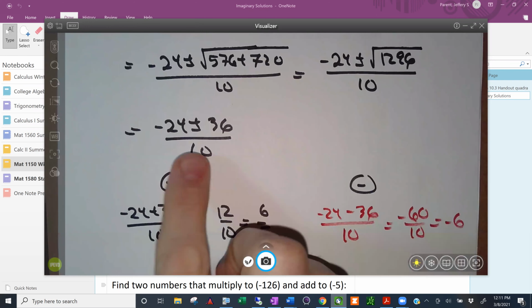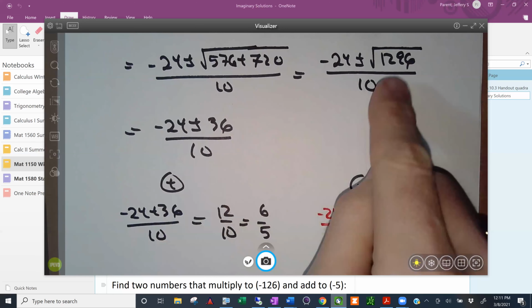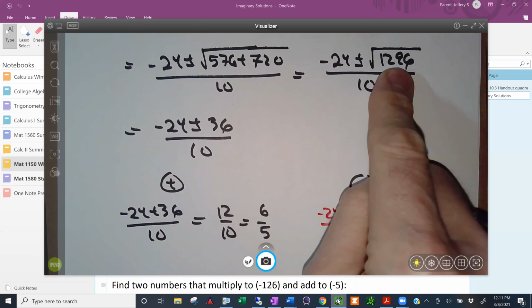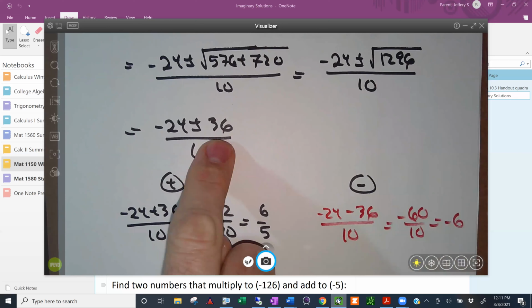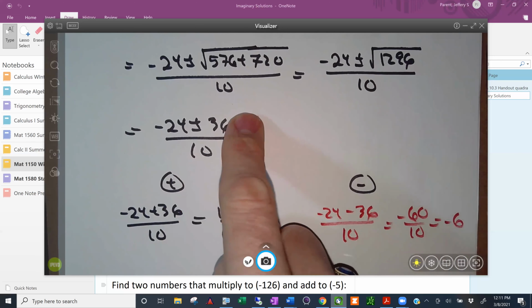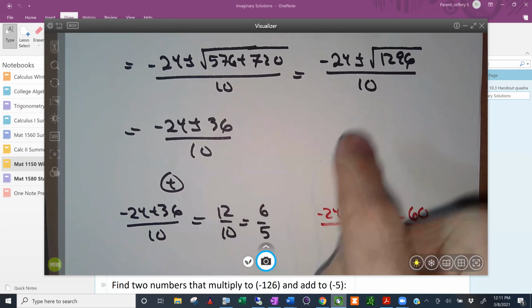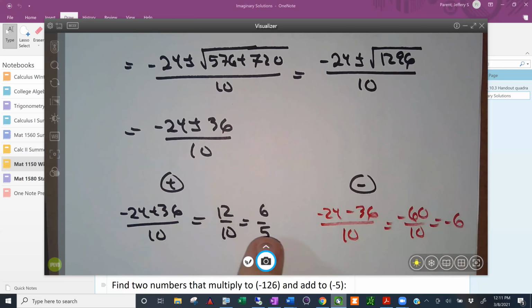You end up with this. And by the way, if this number is a perfect square, like the square root of 1296 is 36, that's telling you, oh, you could have factored it. Big deal. You're still going to get it right if you use the quadratic formula. You get 6/5 or -6.